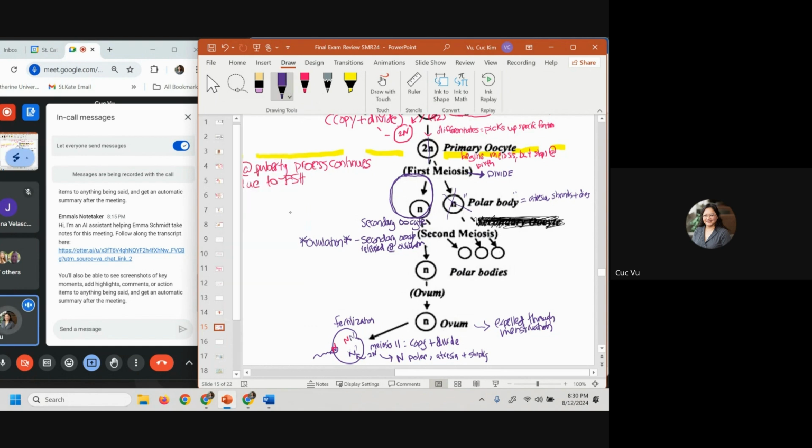And that's what's going to form a zygote. And that zygote is going to go back to undergoing mitosis.